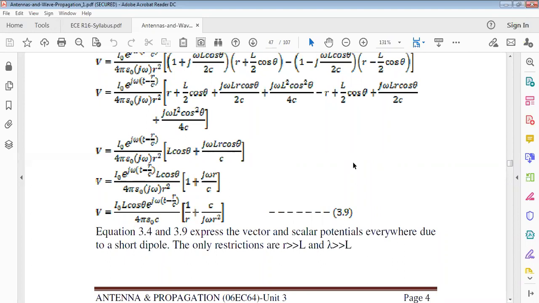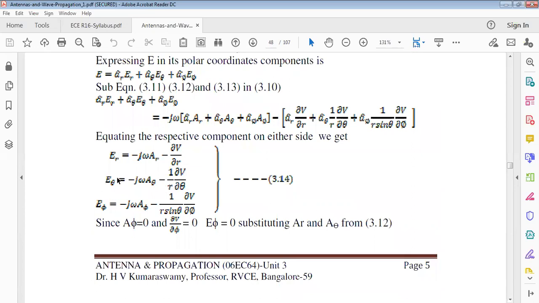The Poynting theorem states that power flow per unit area, or energy flow per unit area, is E cross H. Just like the voltage and current product, the electric field and magnetic field product gives us the radiated power. PR equals E into H. That's why we have to multiply the field components we derived in the earlier steps.